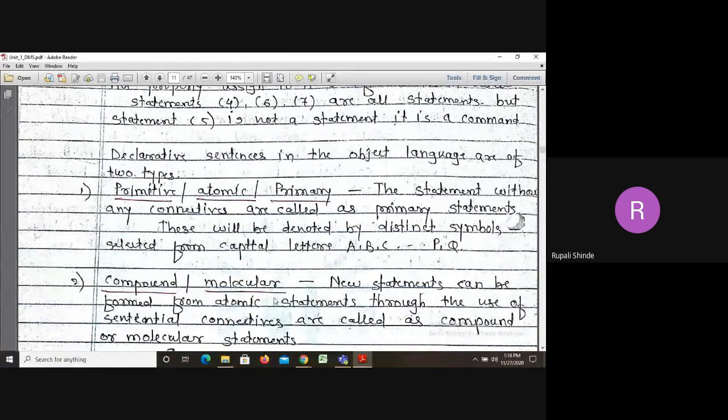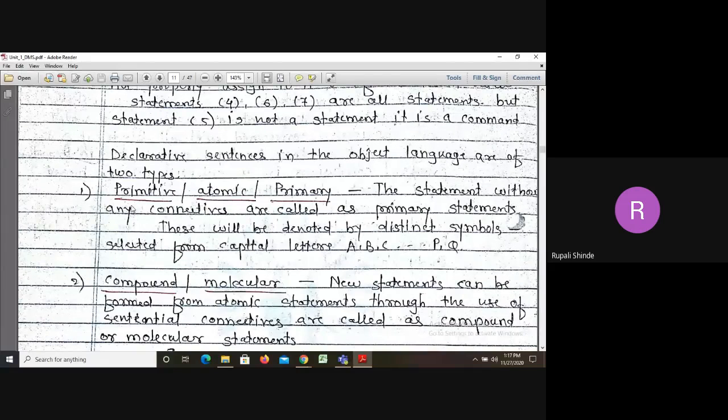So what is meaning of this primary or primitive sentence? A statement without any connective, that is called as primitive or primary or atomic statement, and a statement which is formed by using sentential connectives, that is called as compound or molecular statement. Again, we have seen examples based on it.